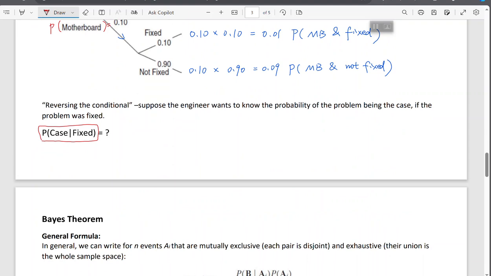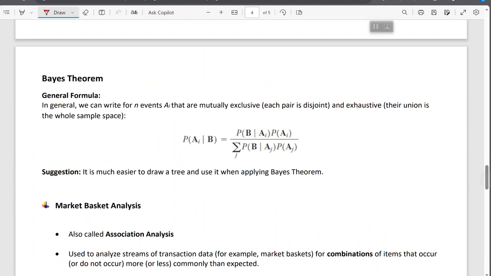Then it is hard to figure out, because this probability corresponds to a very famous theorem called the Bayes theorem. This Bayes theorem has a big formula to solve this kind of question.